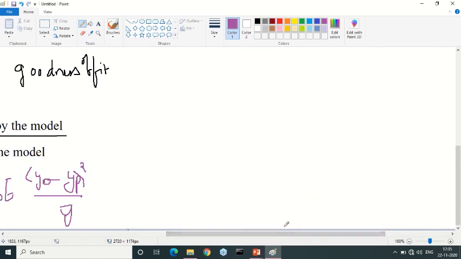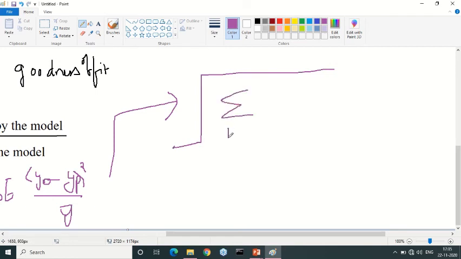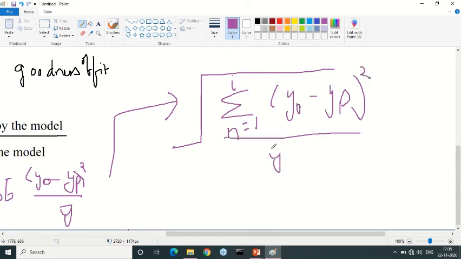To reduce the value further, we take the root of our MSE: the square root of the summation from i equal to 1 to n of y output minus y predicted, whole squared, divided by y bar. This becomes RMSE.